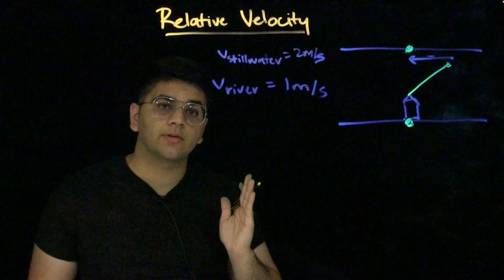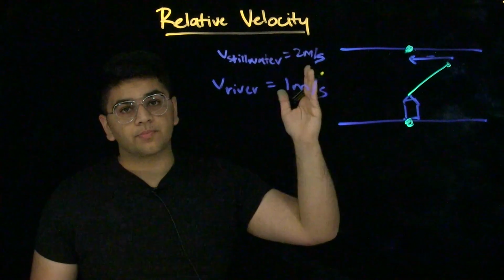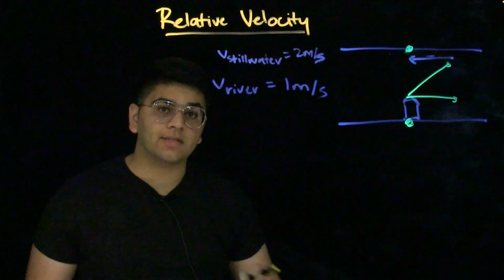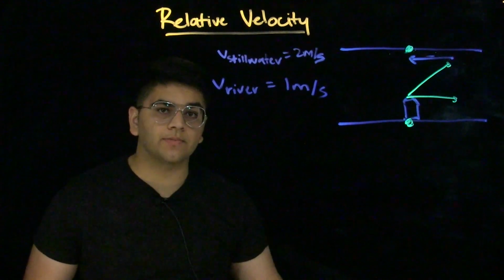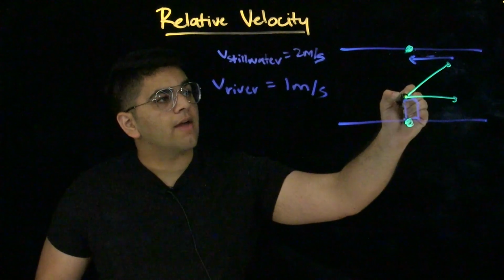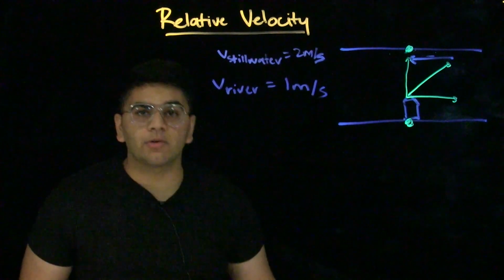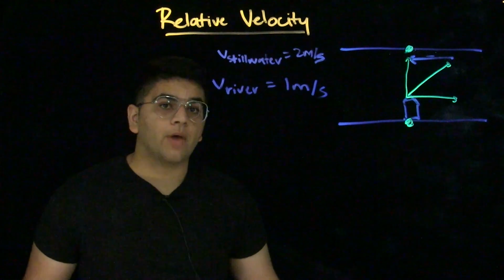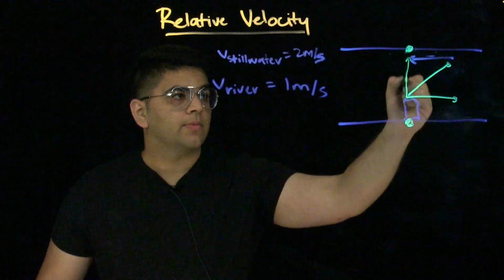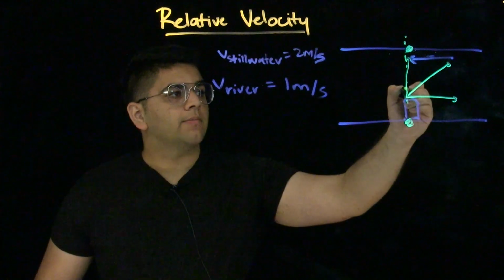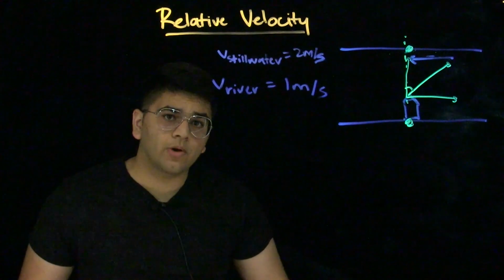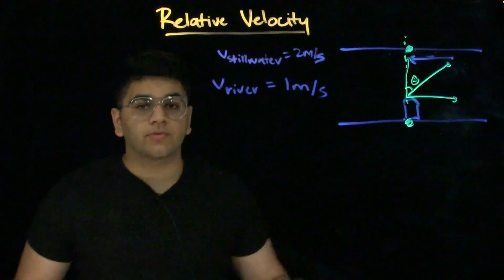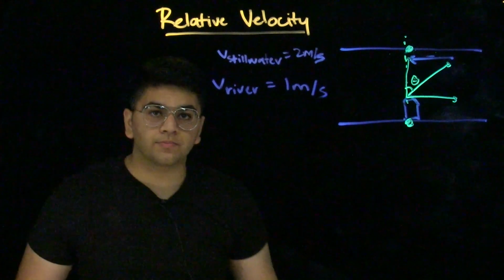So if the boat pushed in this direction such that the x component for this velocity would be the same as the river, but in the opposite direction, then it could have a y component that would take it straight across the river. Now, how can we find the angle at which, from this vertical line, the boat would have to travel and the velocity of the boat trying to get across the river?